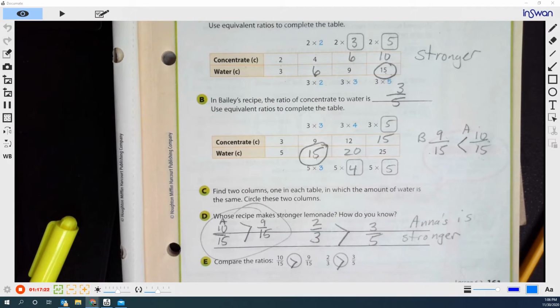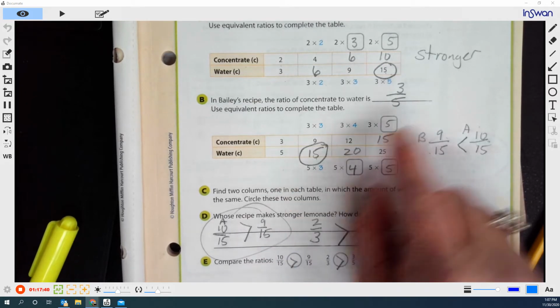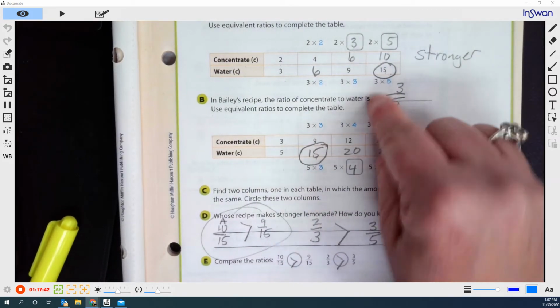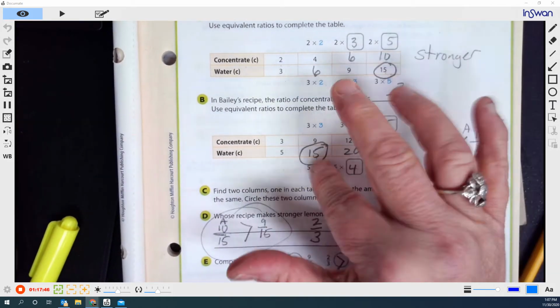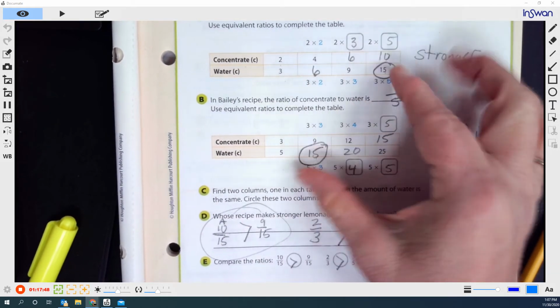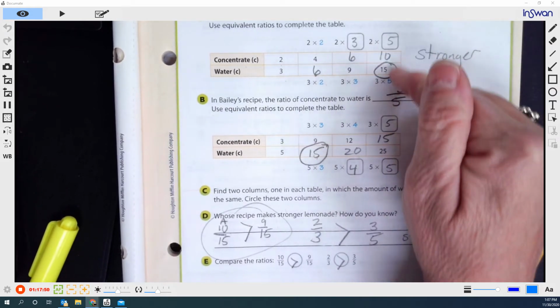So in using the tables and comparing, you're looking for the similarities like you would in a fraction if you were finding a common factor. Only here we're finding a common term, where you had the water the same in both. So 15 and 15. And because we have these the same, you can compare the ratios.